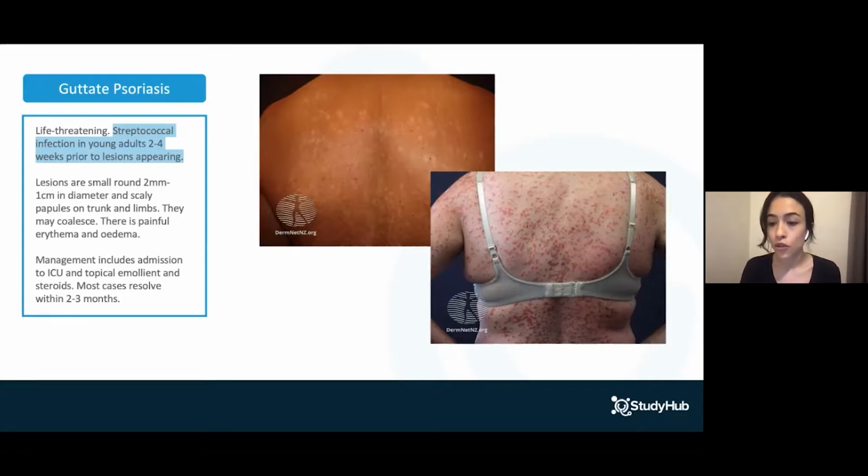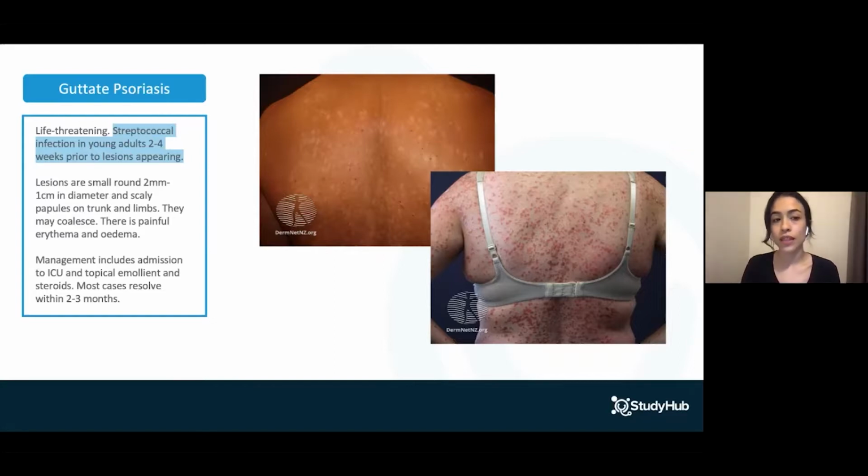And then after 2-4 weeks, these lesions appear. They're small, 2 millimeters to 1 centimeter in diameter, and they're scaly and mainly confined to the chest, the torso, and the trunk. It can be painful, erythematous, and edematous as well.